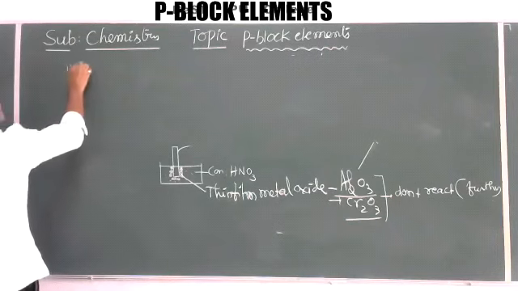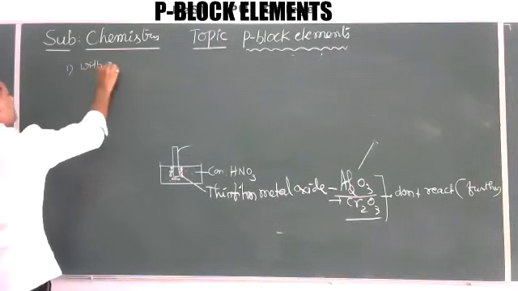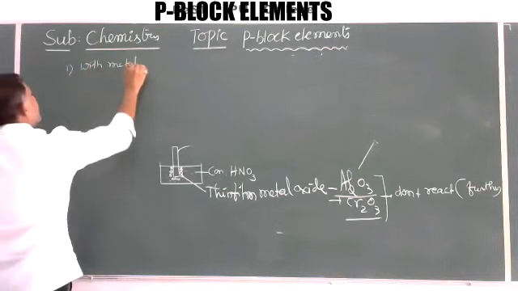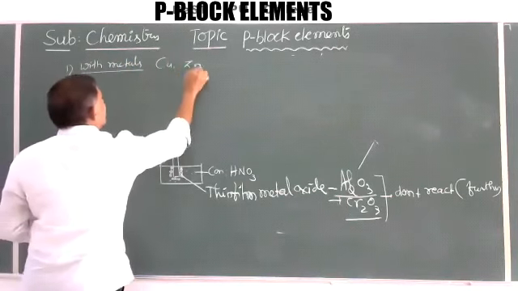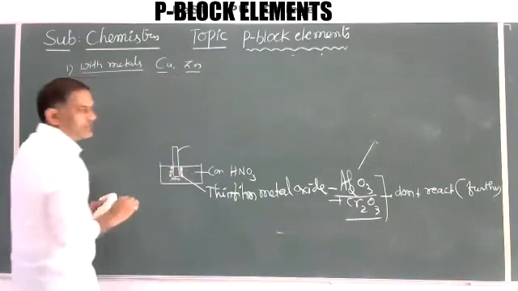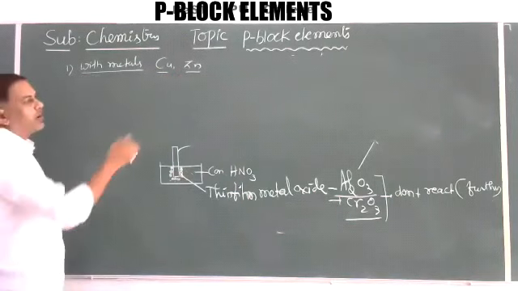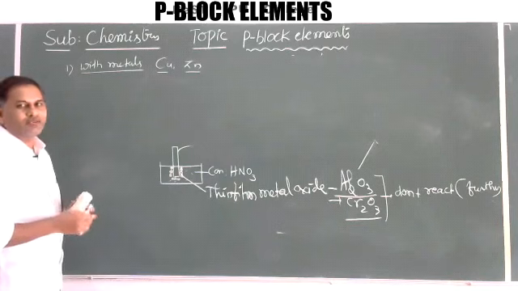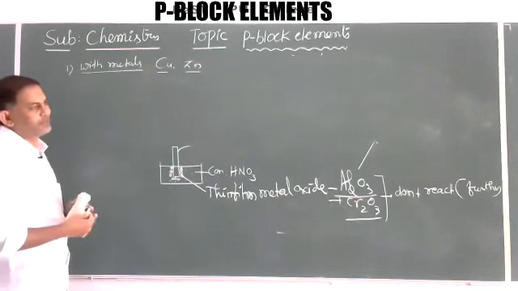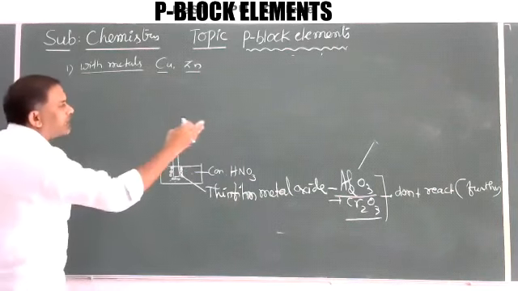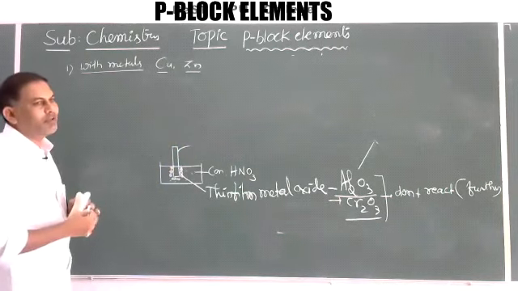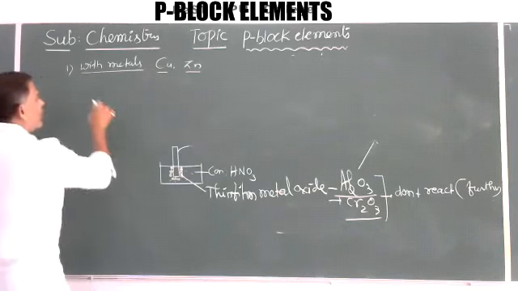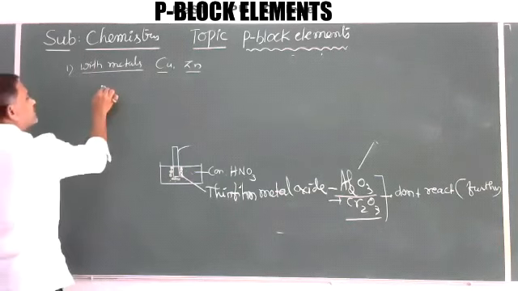The most important is with metals, meaning copper and zinc. Then there are some with non-metals, which I'll explain later. Compared to balancing, the main thing is what products are liberated. That is very important, and your concentration is also very important.